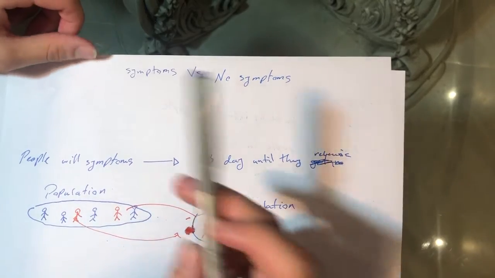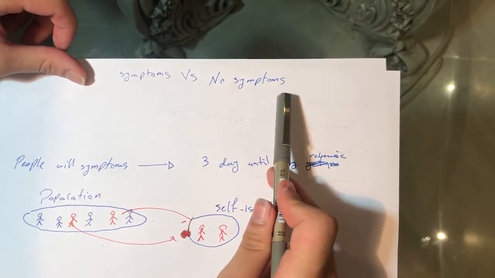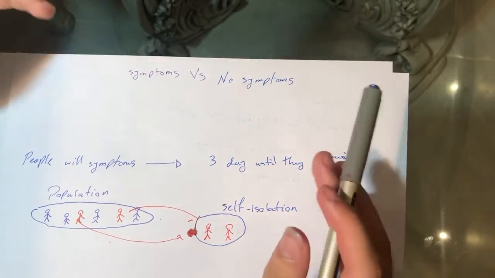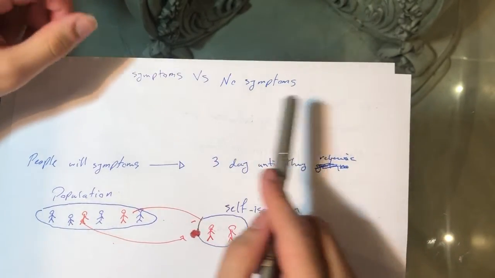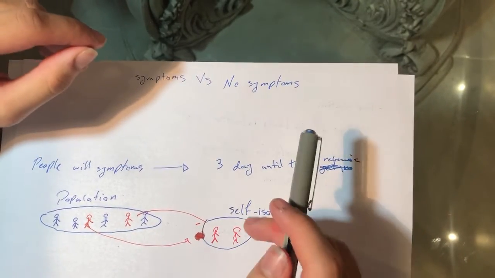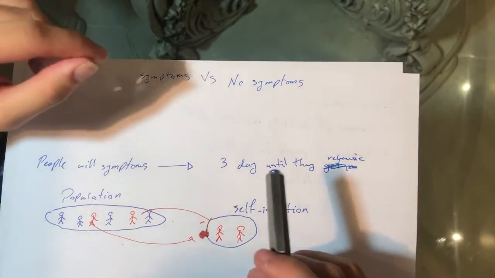Now let's talk about having symptoms or not having symptoms. At first I thought not having symptoms is better because there is no chance of dying from not having any symptoms, but I decided to add one more feature to the simulation, which was self-isolation.